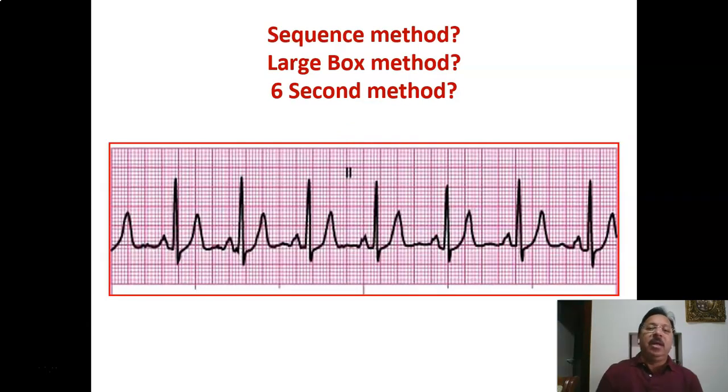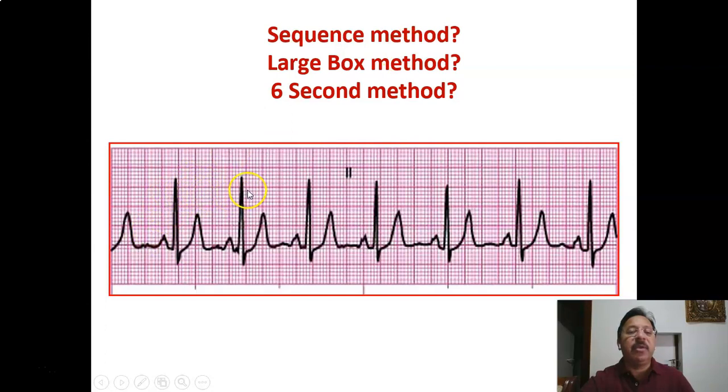Okay. So look at this rhythm strip and let's see which method is applicable here out of these three methods: sequence method, large box method, and 6-second method. As this is regular, we can apply any of these methods. If you use the sequence method, heart rate will be 300, 150, 100, 75.